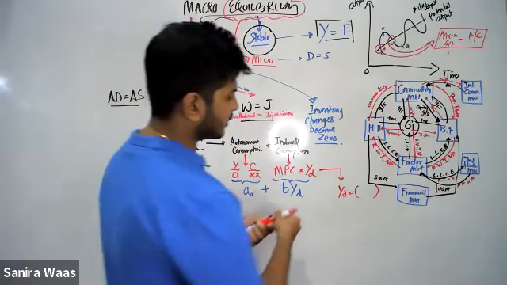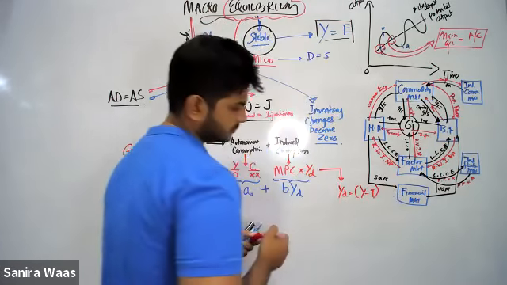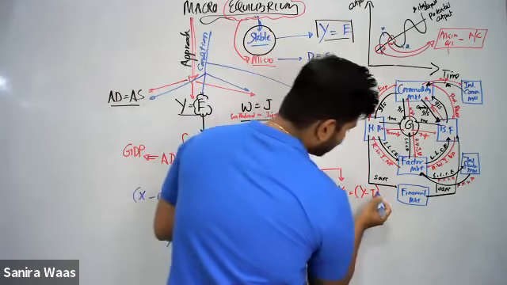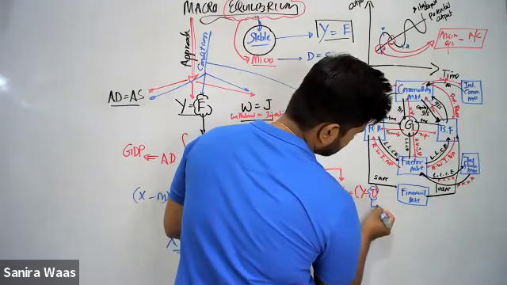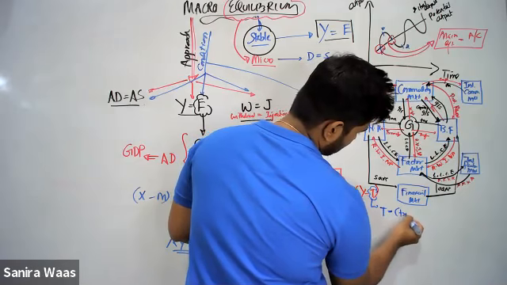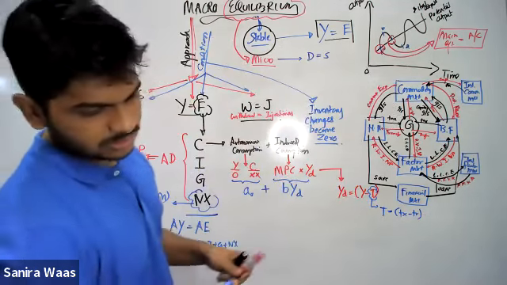Very simple. It's Y minus T. Right? Next one. How to get T? T equals Tx minus Tr.